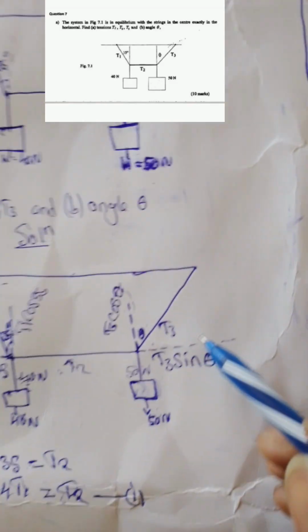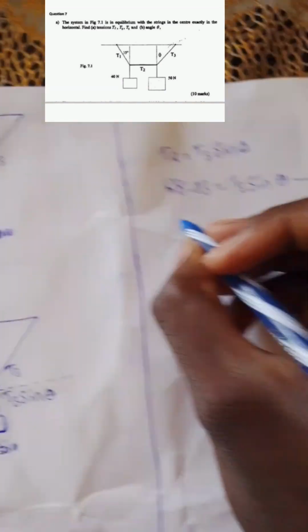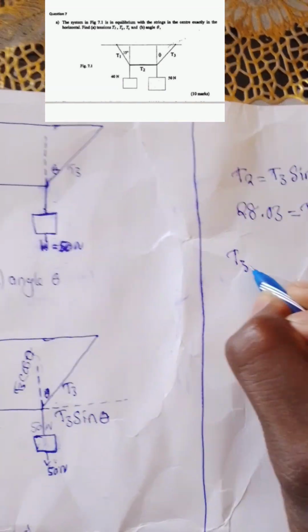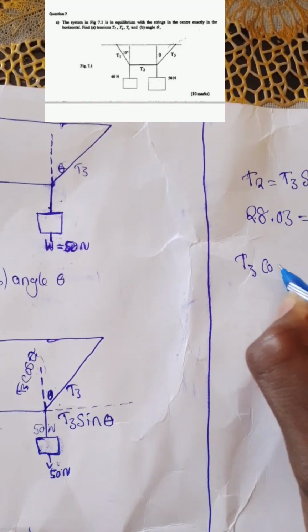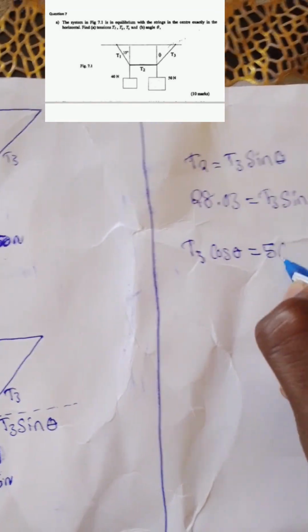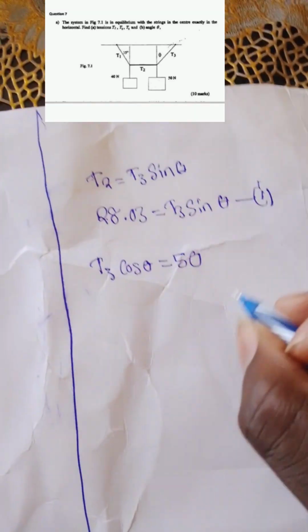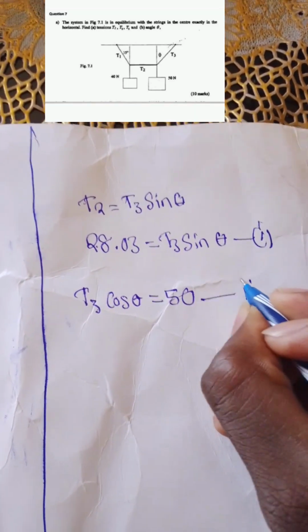So we're also going to equate the upward force to the downward force. So it will be T3 cos theta is equal to 50 newtons. That's our equation 2.